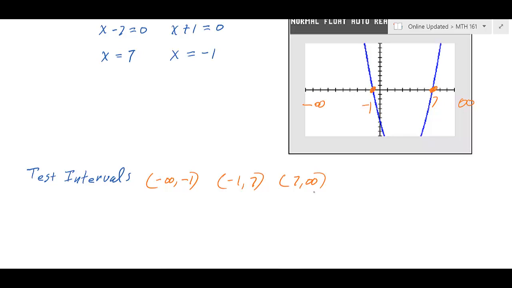So basically these key points that we just found here, they're going to tell us where the graph could possibly change directions. So that's why we use those to set up our test interval.